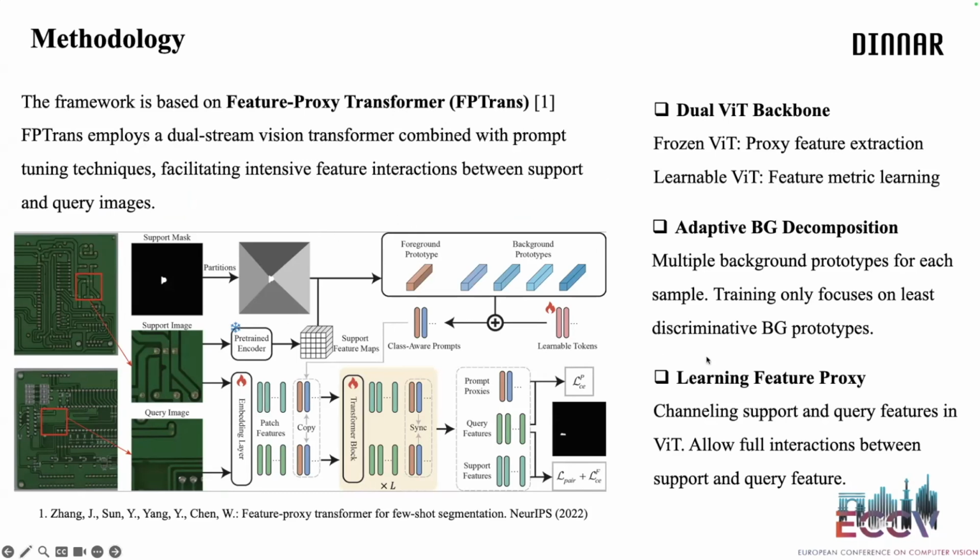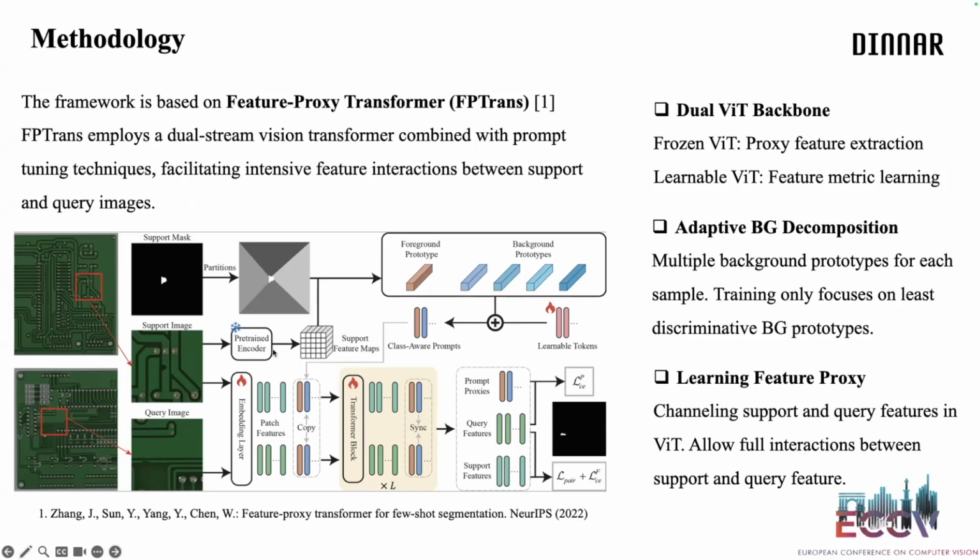So our pipeline is like this. We have a dual vision encoder. The first encoder is frozen, and it is used to generate the proxies. So what is a proxy?